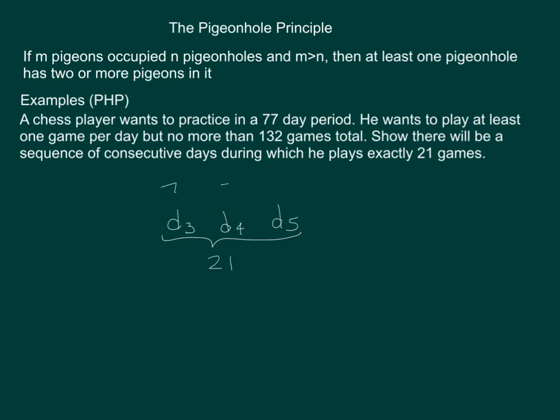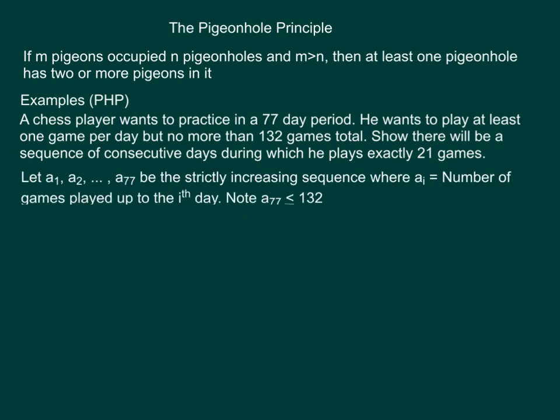Maybe he plays 7 each day, maybe he plays 7 on one day, 5 on another, and then to make it up, he has to play 9 on the next. Whatever it is, there is a sequence of 3 days, in this case, where he plays 21 games. I'm not sure if the sequence is 3, but essentially we're going to show there is a sequence of consecutive days during which he plays exactly 21.